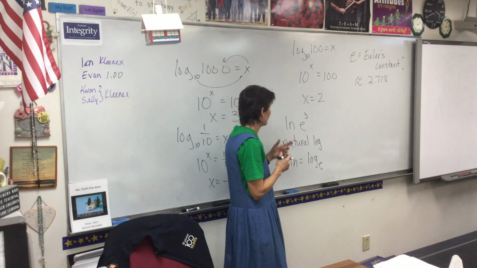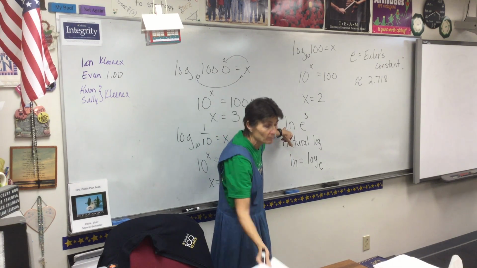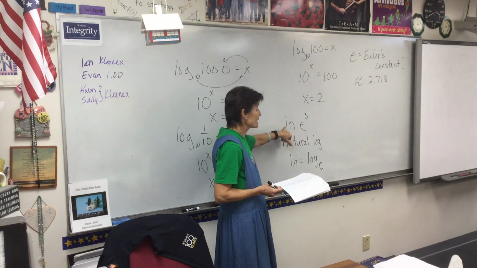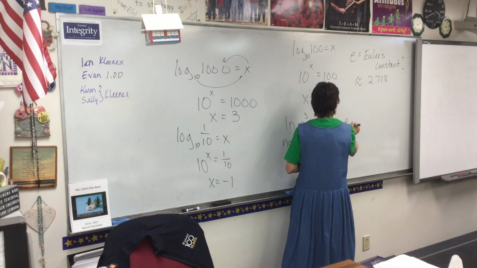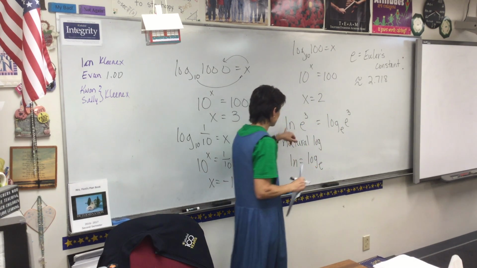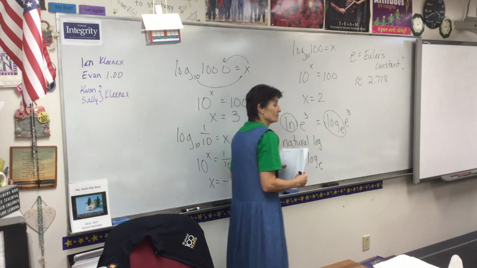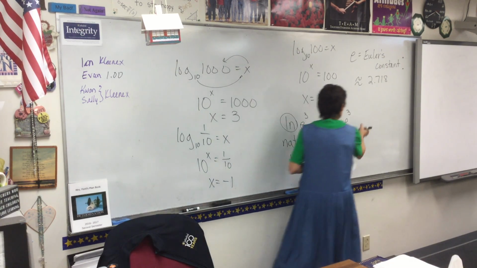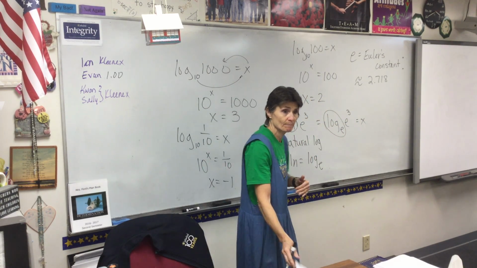But right now, we just need to know that every time we see an ln, like in problem number 3, it means log base e. So instead of writing ln, I'm going to write log base e, because then I can do the problem just like I've done all the rest of them.